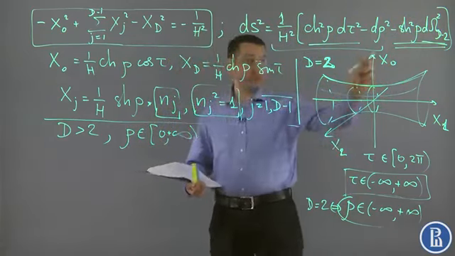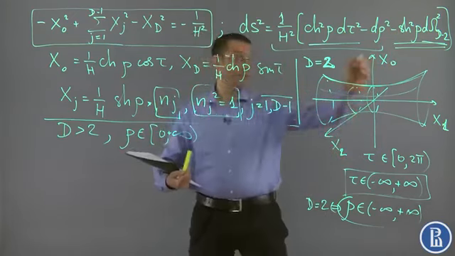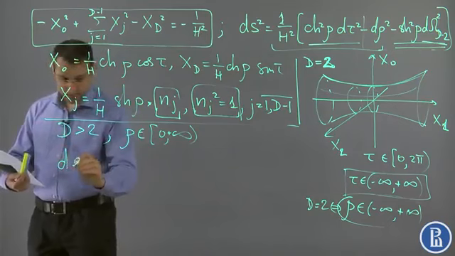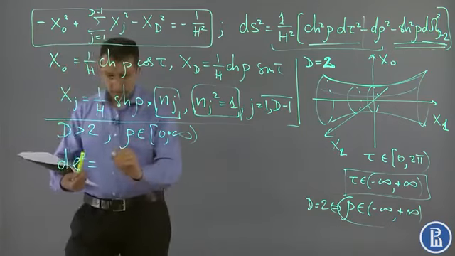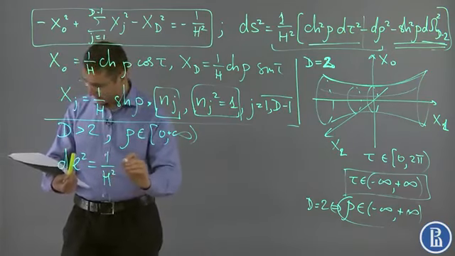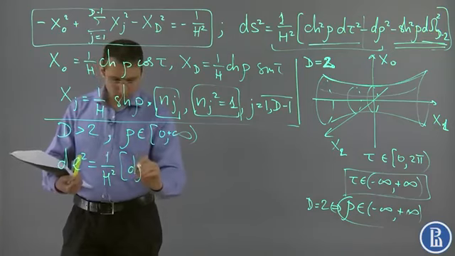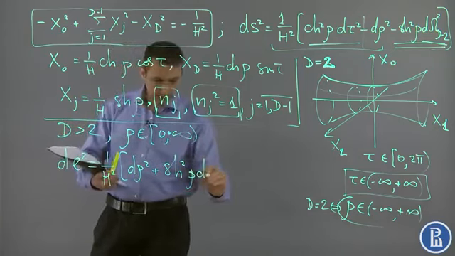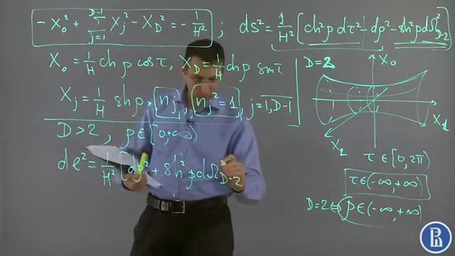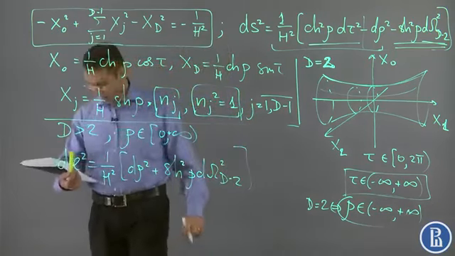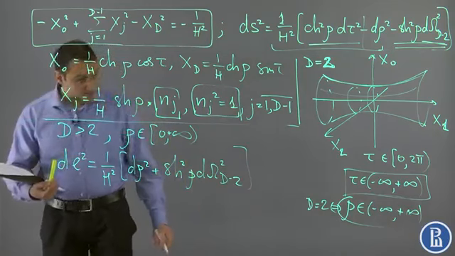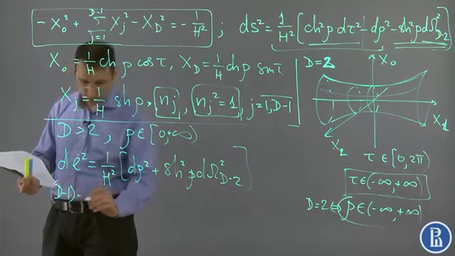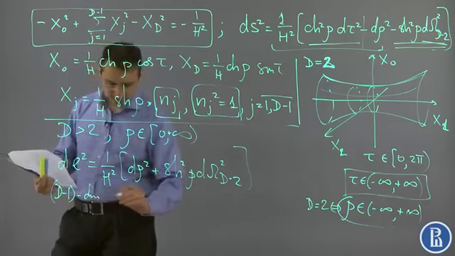The time slice, this part of the metric, for this case has the following form: 1 over h squared, d rho squared plus hyperbolic sine squared of rho d omega_{d-2} squared. This is actually the d minus 1 dimensional Lobachevsky space.